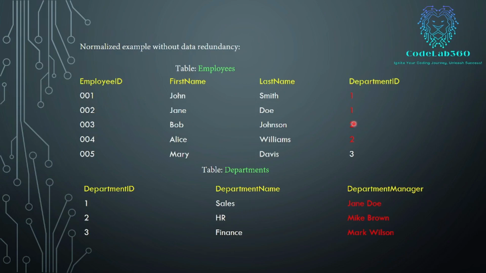Who is the department manager? Mike Brown is the HR manager, and both Bob Johnson and Elise Williams are in the HR department. Number 3 is finance, with a single employee, Mary Davis, and the department manager is Mark William. So this is how we can remove redundancy from a database.